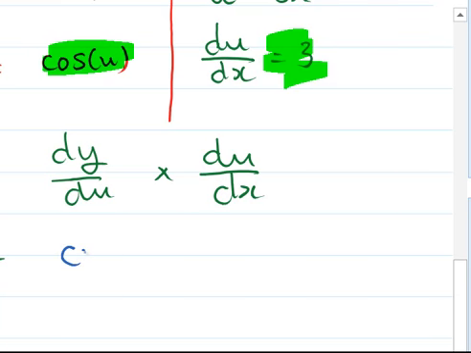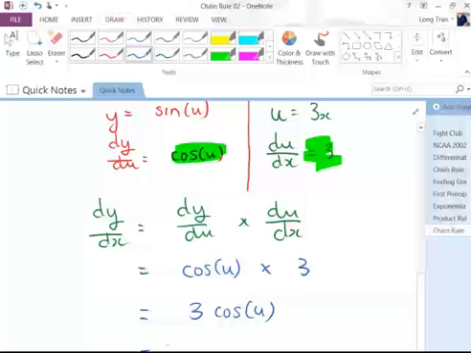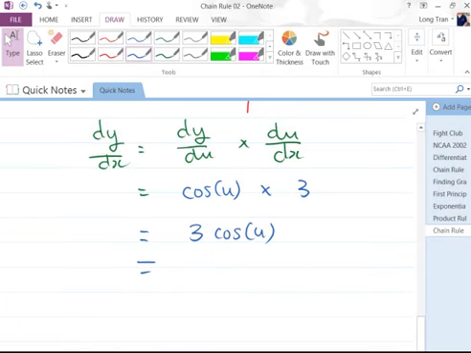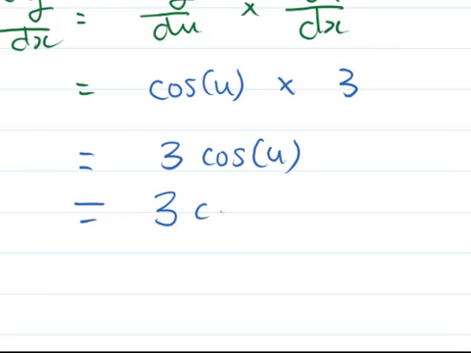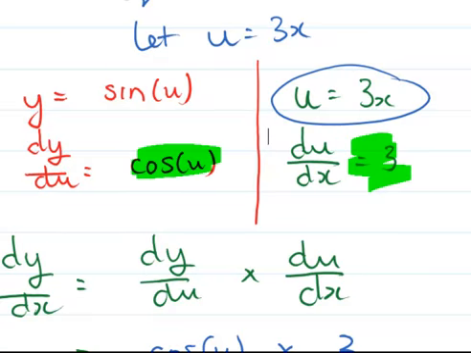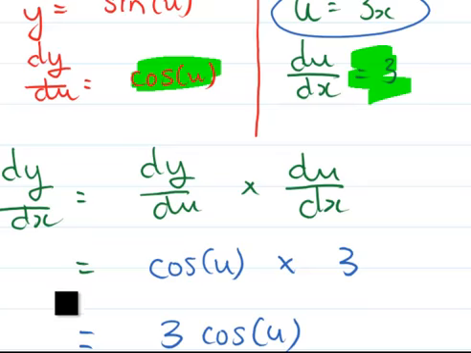Putting it all together, that's cos of u multiplied by 3, which gives me 3 cos u. Remember u is a made up variable, so my answer is actually 3 cos of u, which I said before is 3x, so that's 3 cos 3x. And that's just using the chain rule, just revision of what we did in term 2.